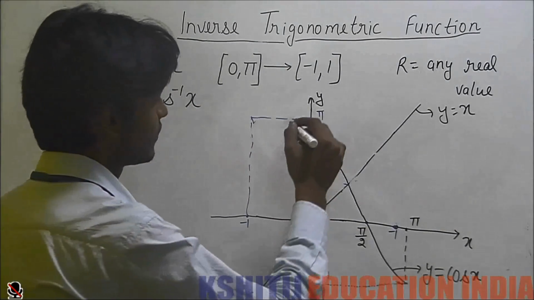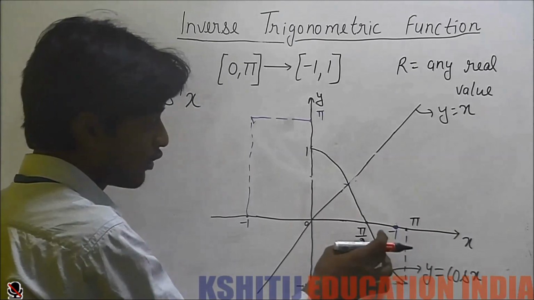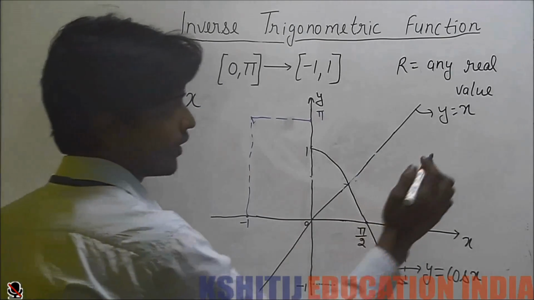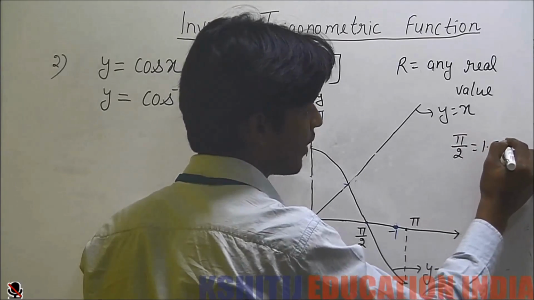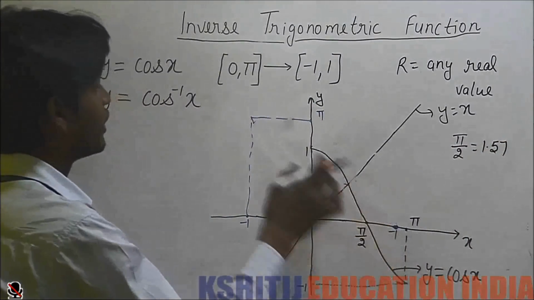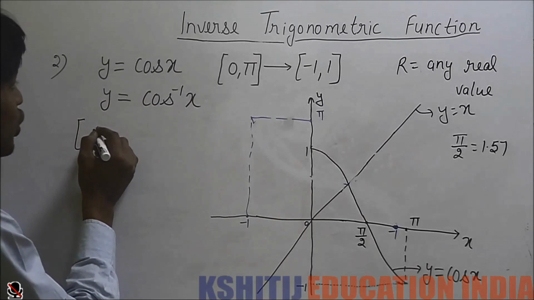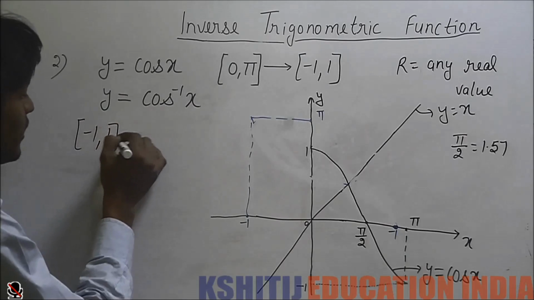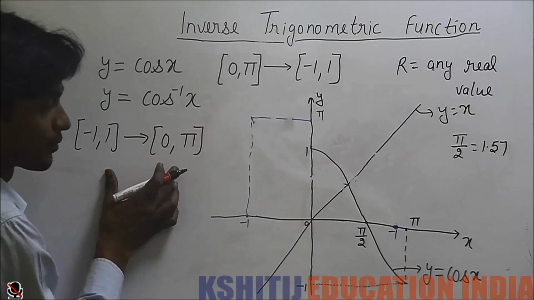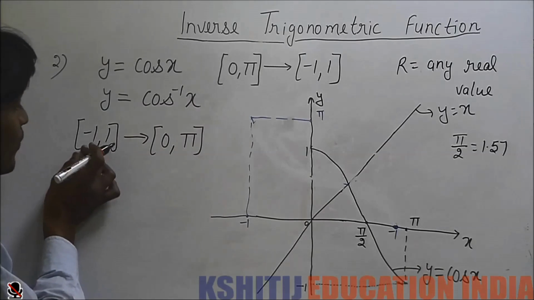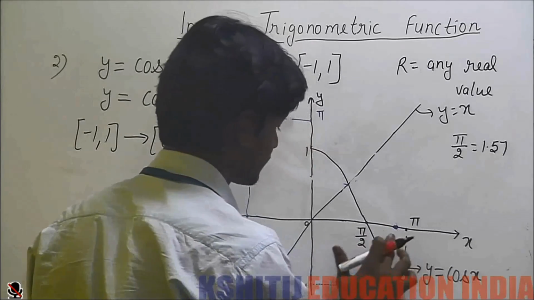And we know that the value of pi by 2 is equal to 1.57, and the range of the given function y is equal to cos inverse x is 0 to pi, with domain -1 to 1.